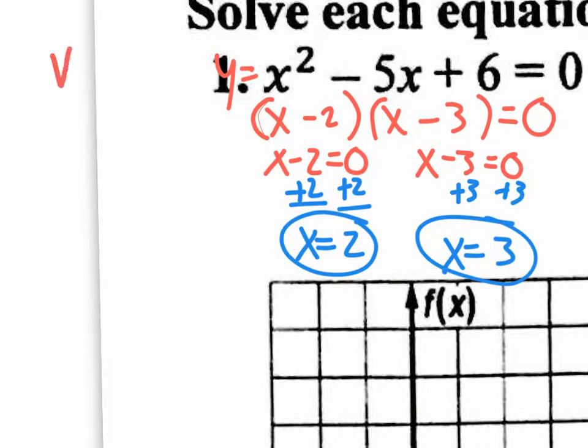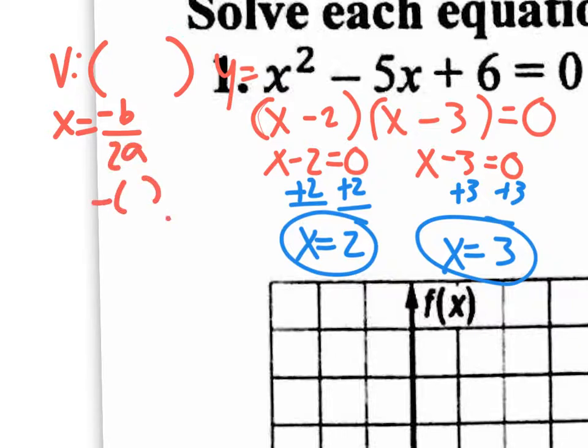So the vertex is a coordinate, an x and y value, and you find the x value by doing negative b over 2 times a. So that's really going to be negative parenthesis over 2 times parenthesis. And of course, you go back to your original quadratic trinomial equation and find your a value is 1, your b value is negative 5, your c value is positive 6.